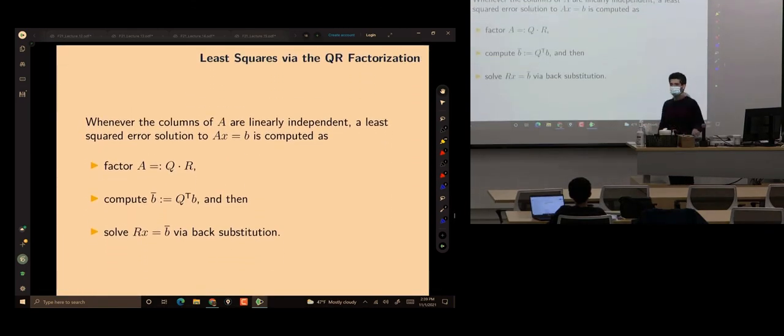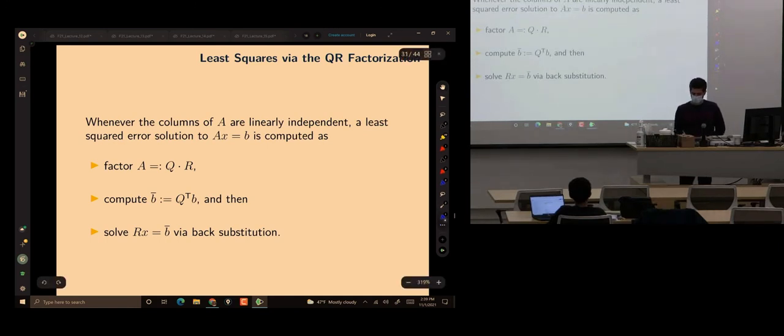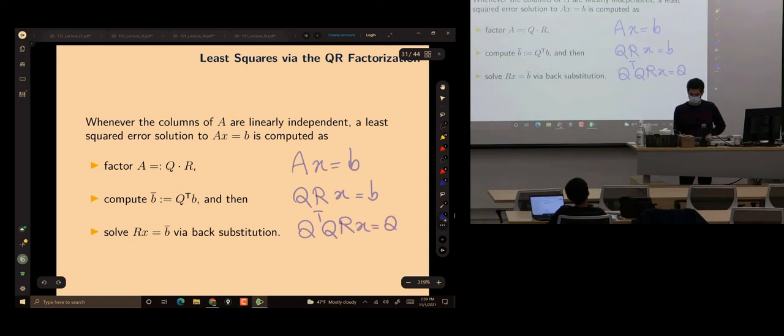So we learned a new way of solving least squares, now using the new factorization. I give you Ax equals b. A is QR. Multiply both sides by Q transpose. Because Q transpose times Q is the identity, I get Rx equals Q transpose b.